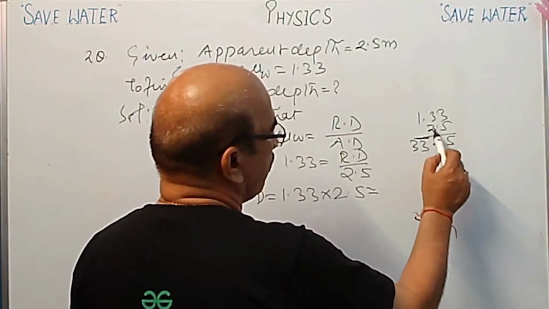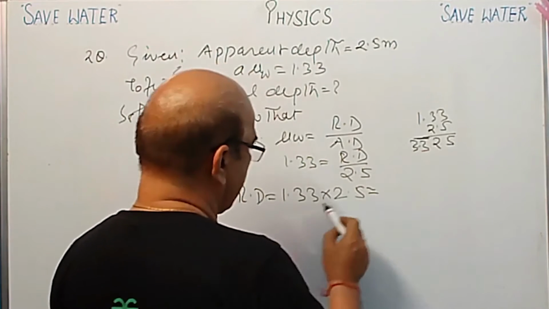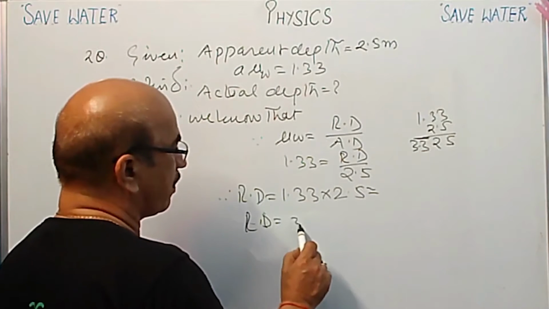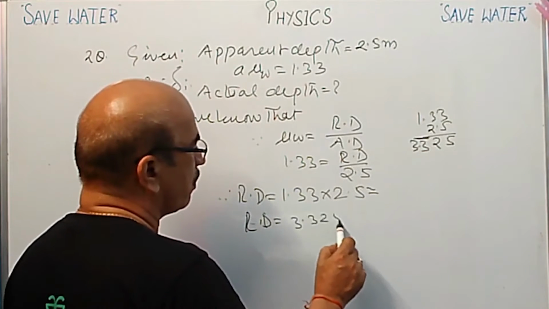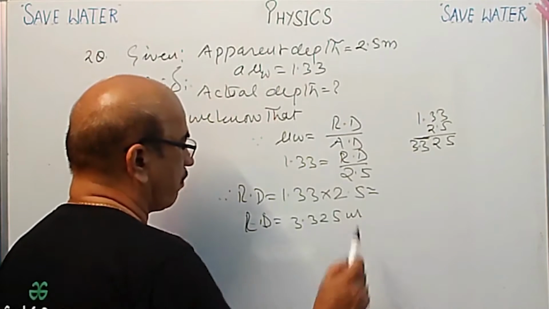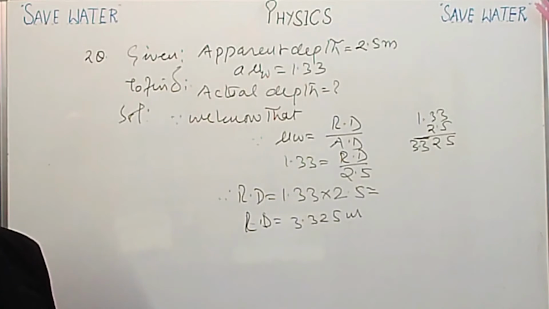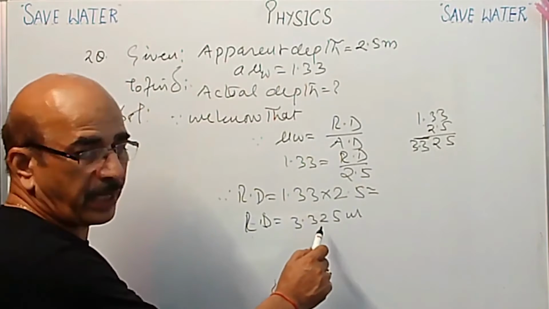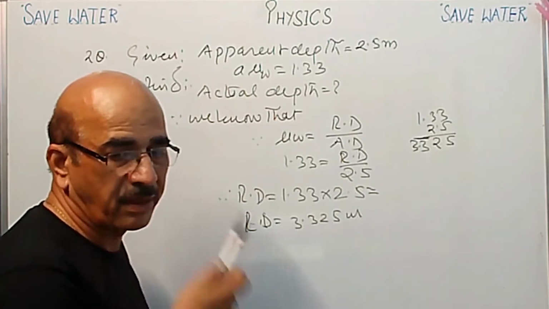And the point will be after 3 digits. So the answer comes out to be, real depth comes out to be 3.325 meter. Okay. So here real depth of the water is 3.325 meter.